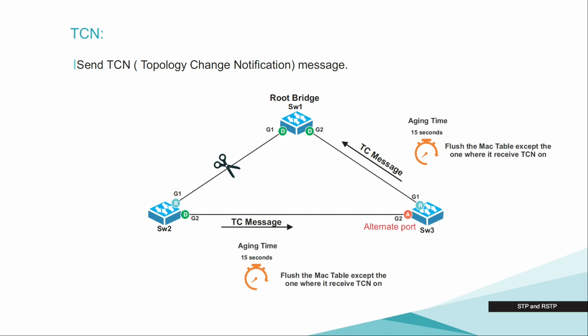And also it will tell the switches to flush the MAC address table except the one where it receives the topology change notification. So in our case, when switch 2 sends the topology change notification, switch 3 will delete all the MAC addresses that it learned except the interface G2 MAC address, because it received the topology change from that interface.